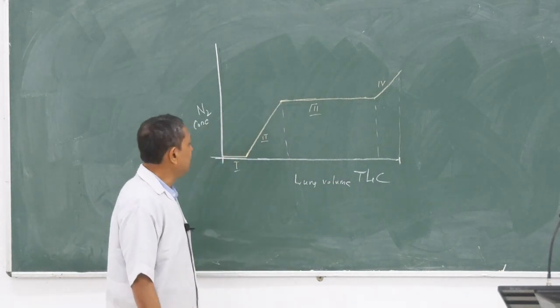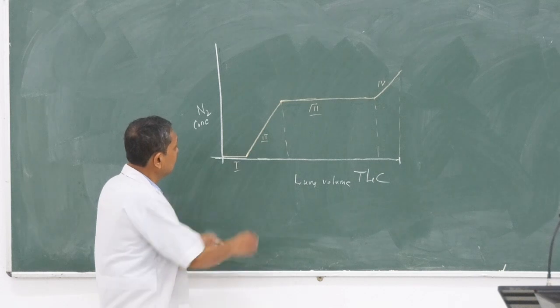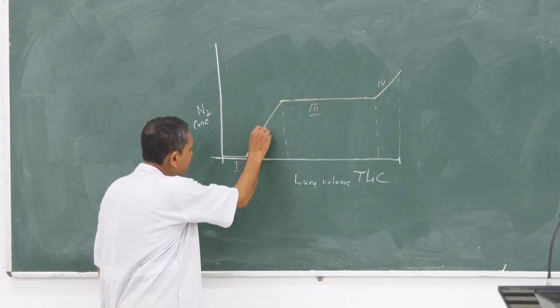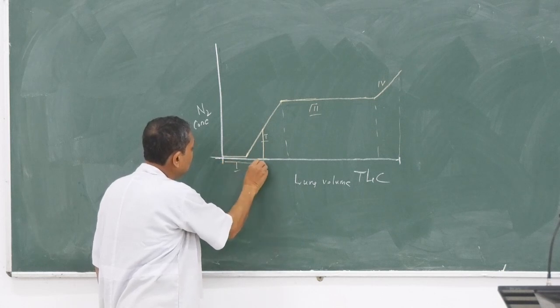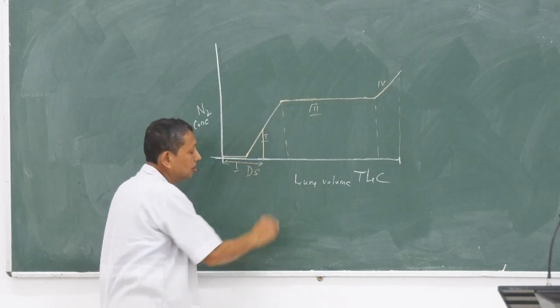So the anatomical dead space is phase 1 and half of phase 2. Up to this, it is equal to the anatomical dead space.